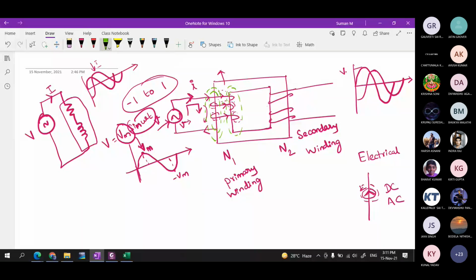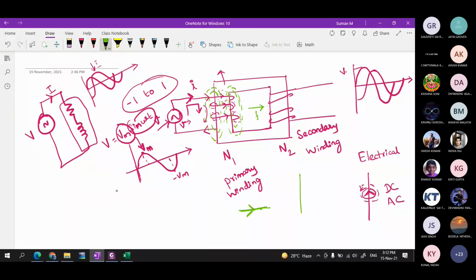So how will the flux direction be? As of now, you can apply the right hand grip rule. The current is facing this direction. If you apply the right hand grip rule, this is in the clockwise direction. Let's say you have a wire, and the current in this wire is flowing like this.